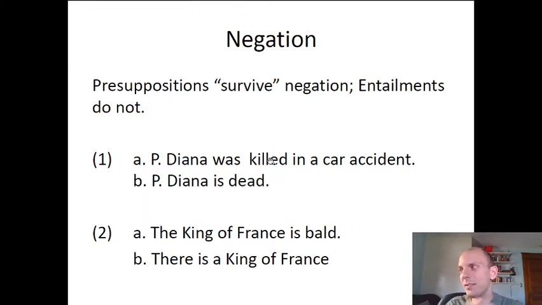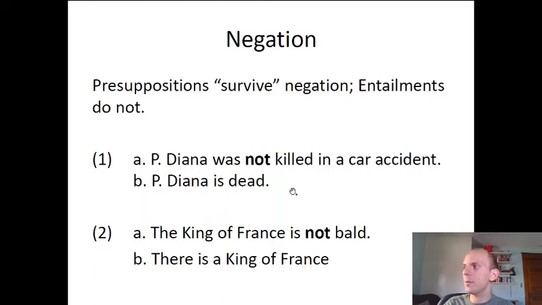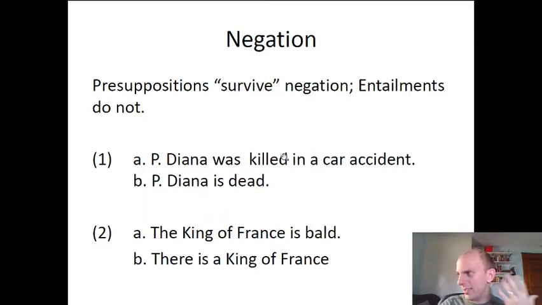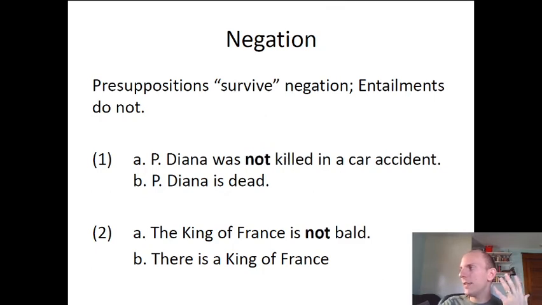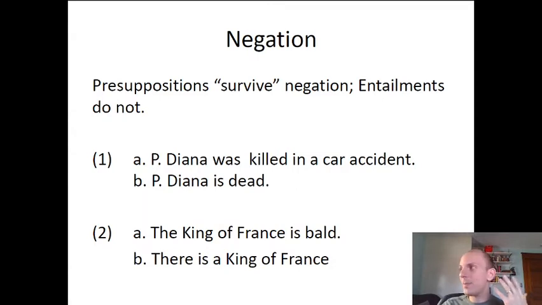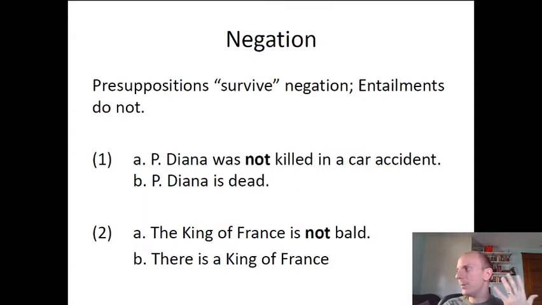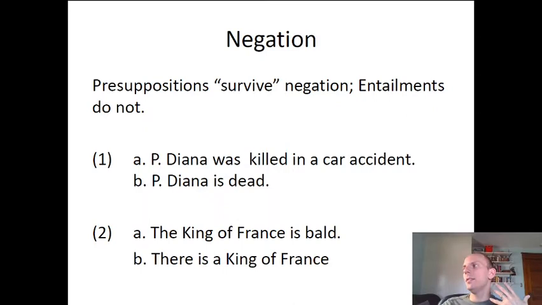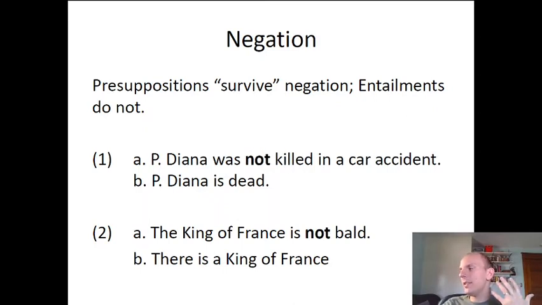And the way that you're going to tell me that, you're not just going to tell me, you're going to show me. You're actually going to run the test. And this is one test that you can perform, the negation test. So you'll show me, hey Ross, when I change the A sentence to negate it, X happens, making it a Y. So if I change it with the negation, and now I don't know about B anymore, that proves it's an entailment.